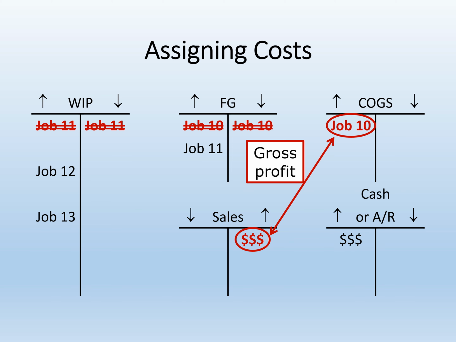The difference between sales revenue, what the firm earned by making these sales, and cost of goods sold, what it cost the firm to make the goods that were sold, equals gross profit for the period.